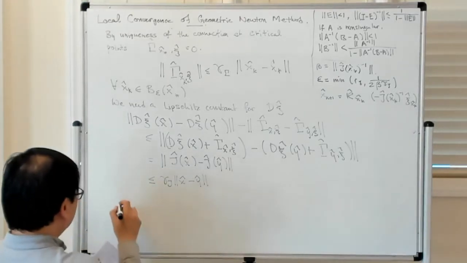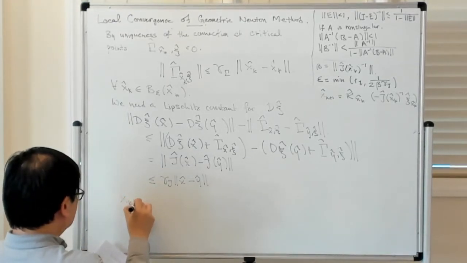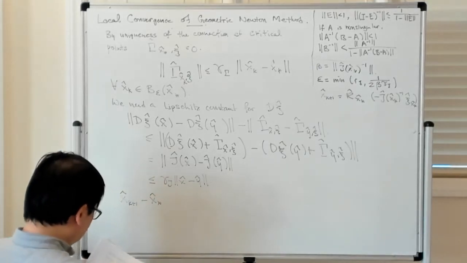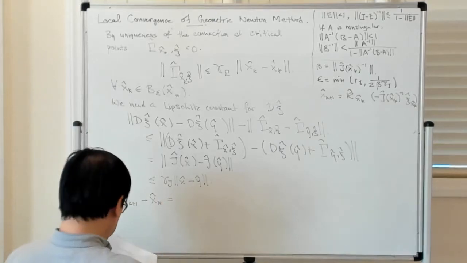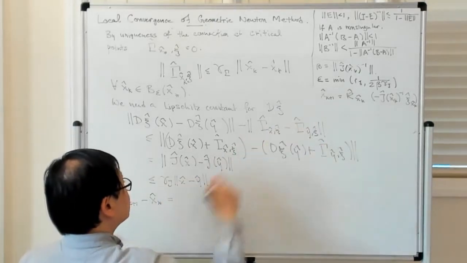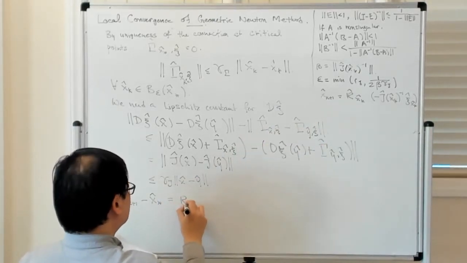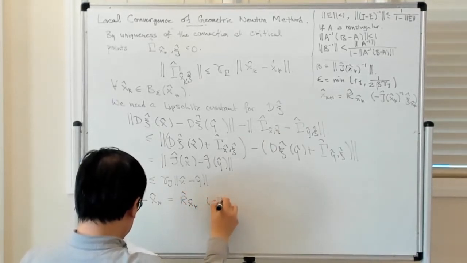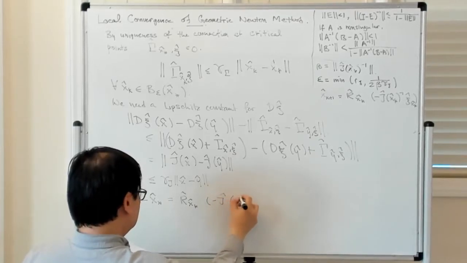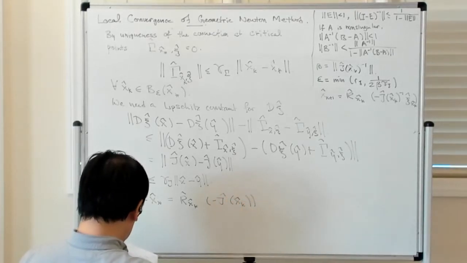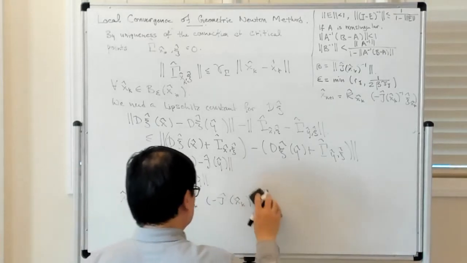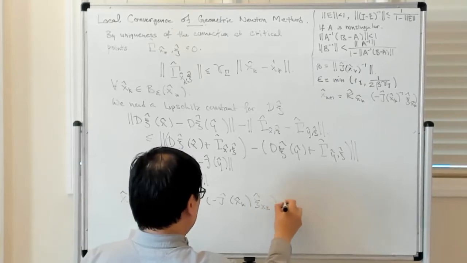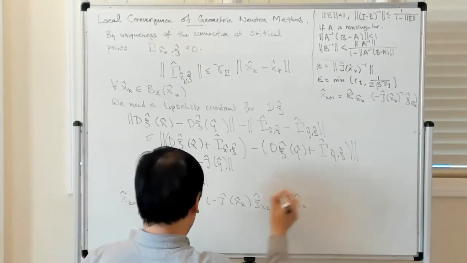So we want to compare x_{k+1} hat minus x star hat. This is equal to, we're just going to apply that method to write it in terms of x_k hat, there's also the vector field, minus x star hat.